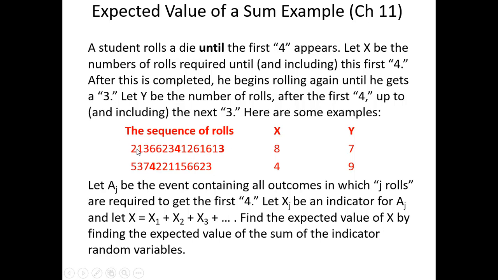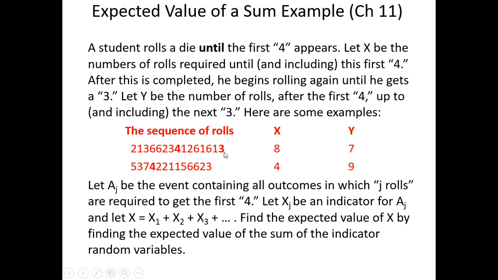All right, so we sort of ignore that that's a 3 with respect to the Y part. So the value for X is 8. Right? It takes 2, 4, 6, 8 rolls to get the first 4. And then after that, it takes 2, 4, 6, it takes 7 rolls to get the first 3. Right? We don't count anything over here.